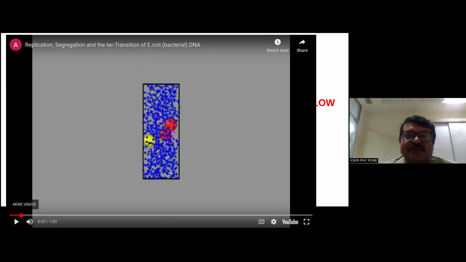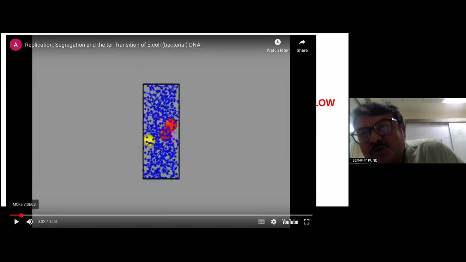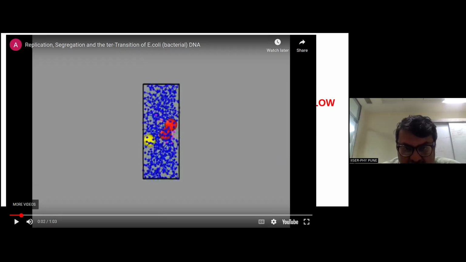If the mother goes into daughter DNA1 and DNA2, in the bead spring model there's hardly any differentiation between daughter DNA1 and the mother. They're just chains, except that more and more monomers of daughter DNA2 are being added. So there's no distinguishing factor between daughter DNA1 and mother, so here we just keep it blue.